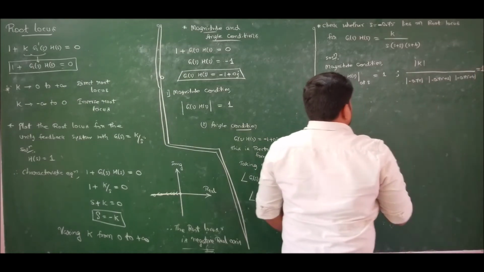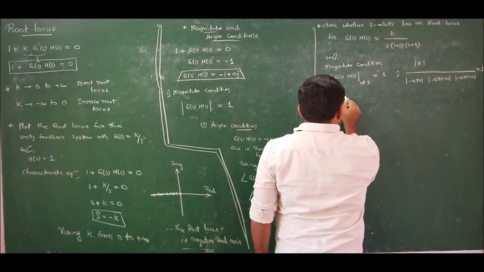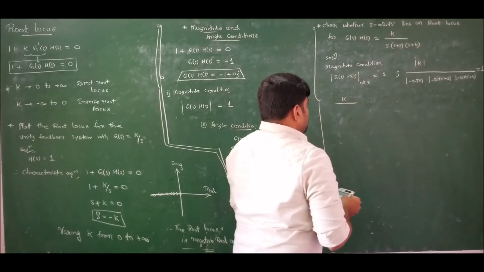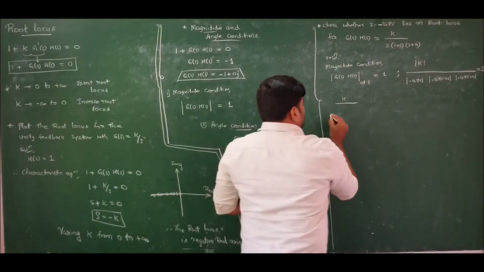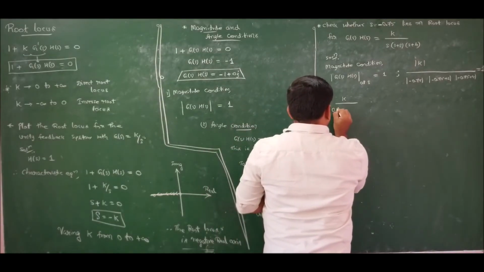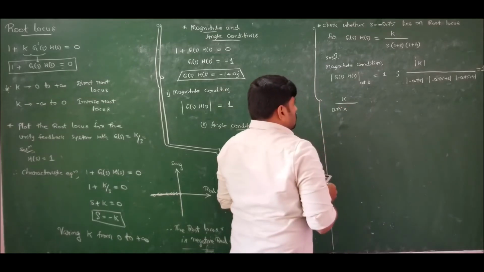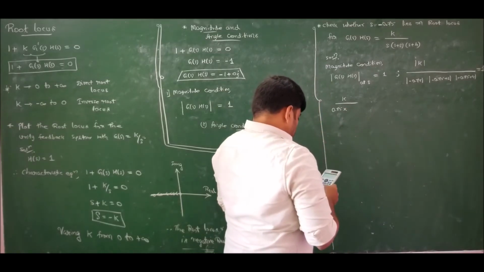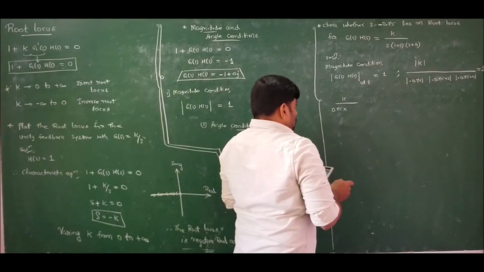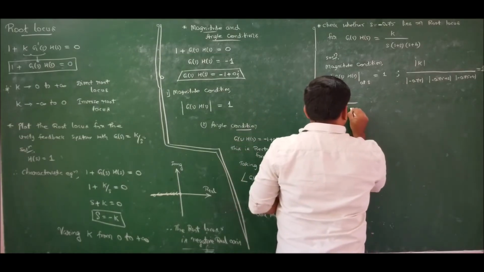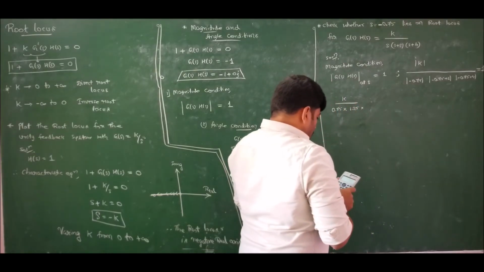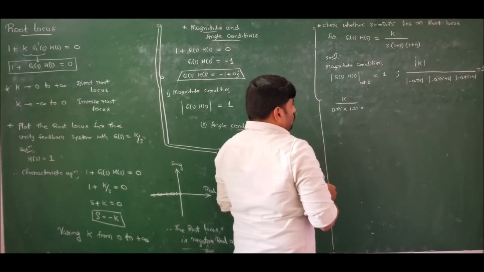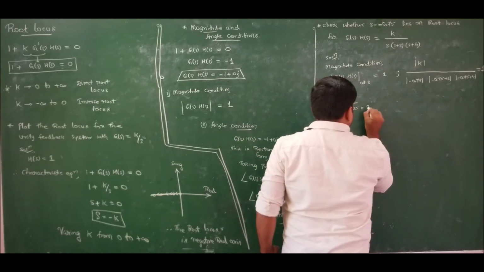Right? So therefore what will I get? K divided by 0.75. So modulus of minus 0.75 is 0.75, into 2 minus 0.75 is 1.25. Modulus of 1.25 is 1.25, into 4 minus 0.75, that is 3.25. Modulus of 3.25 is 3.25 itself.